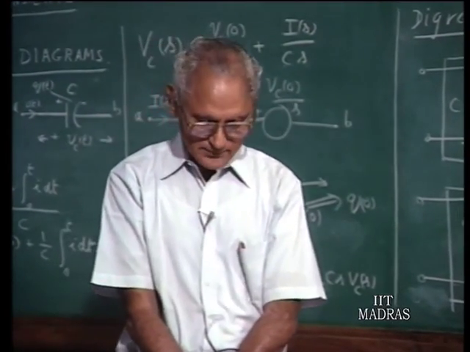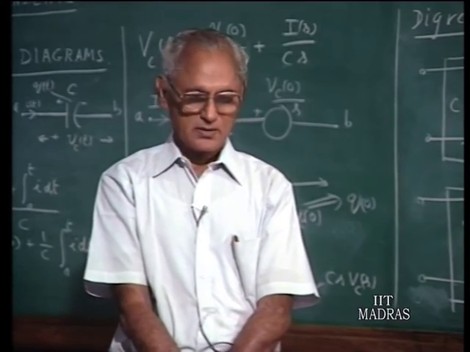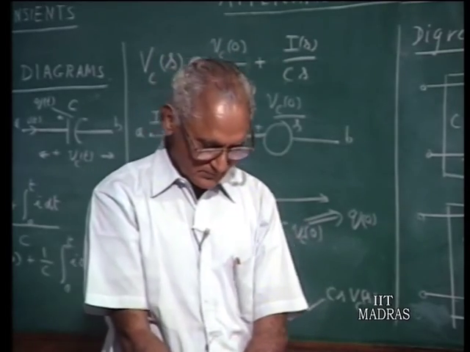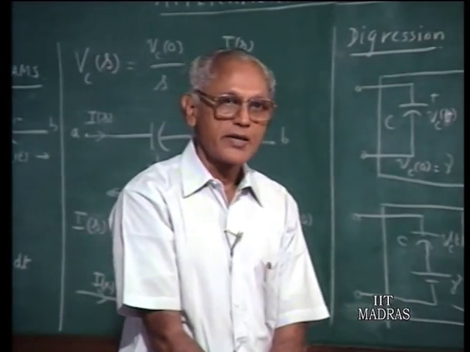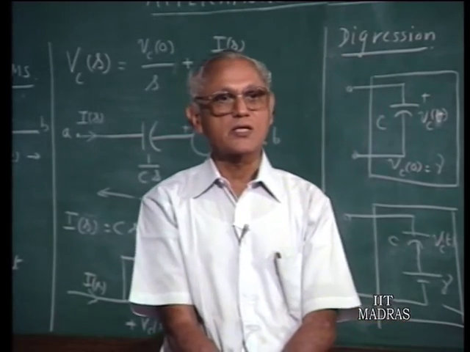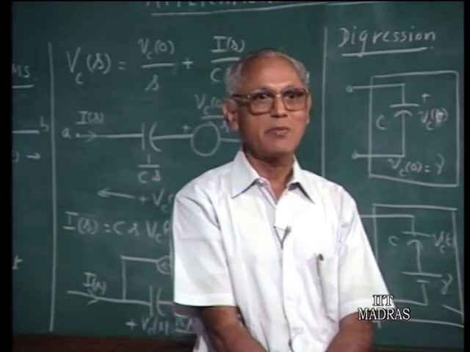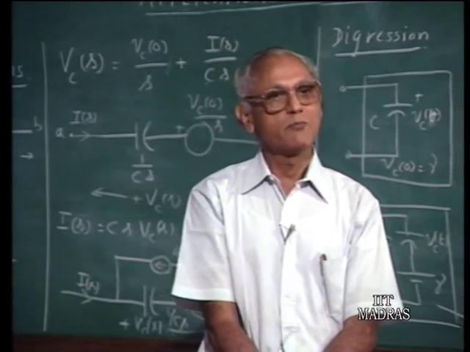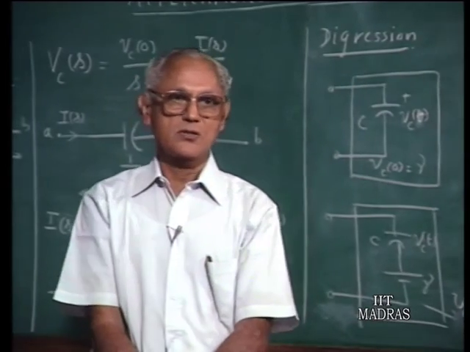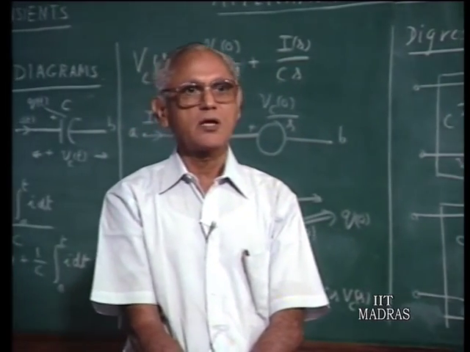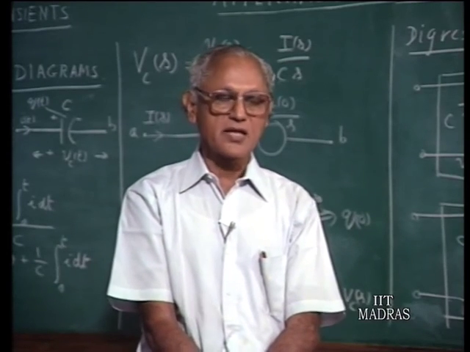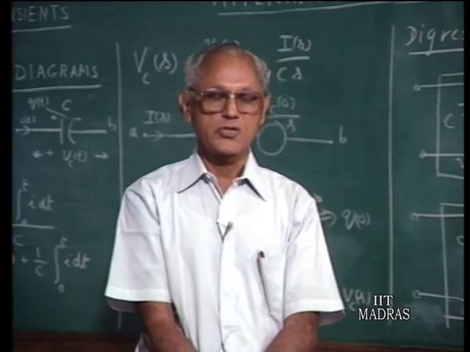After having said that, we know that in transient problems some switching takes place, let us say at t equals 0, and we are given, or at least we can find out, the conditions in the circuit before the switching operation takes place. That means 0 minus conditions are known to us in most situations. Therefore, it will be convenient for us to substitute 0 minus conditions, and the solution that we get will include the transition between 0 minus and 0 plus.